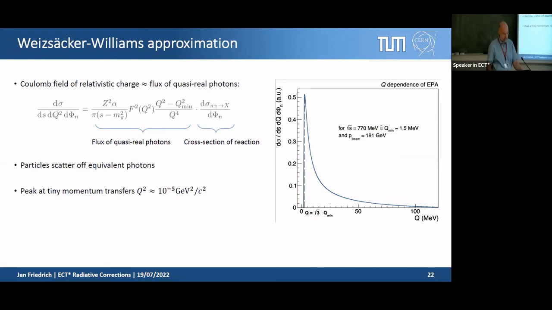This is seen in terms of very low momentum transfers. And here is shown the spectrum of that and the respective formula. So this is the Weizsäcker-Williams factorization into a flux of quasi-real photons entering the form factor and the respective photon propagator.